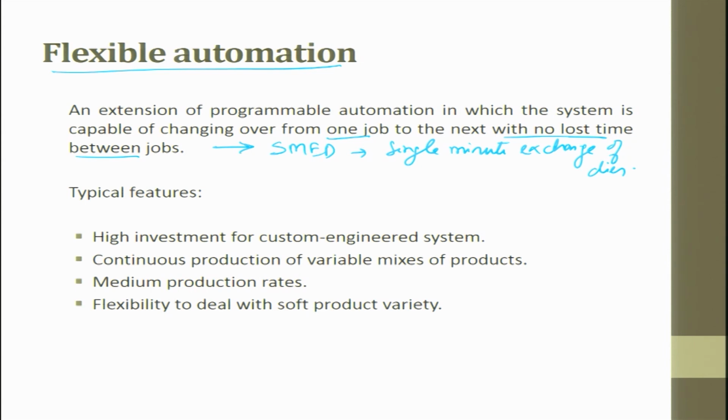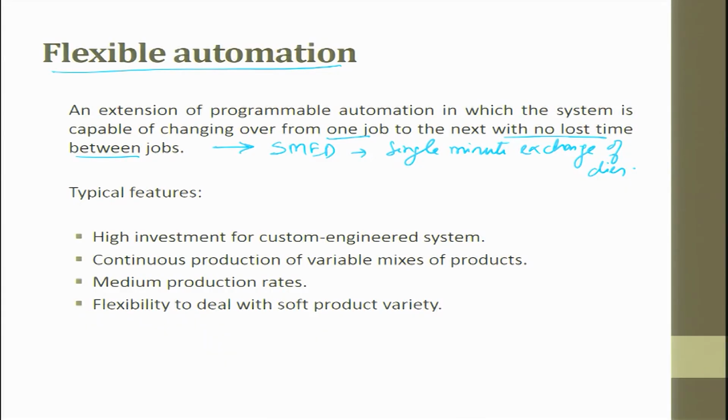If you want to set a punch and die assembly, put all the things, it might take several shifts. So, people have come out with a new concept: while the machine is running, outside you keep getting things ready, so the moment the production is over, you just swap and push that new die inside and start your production. So, that is an extension of programmable automation in which the system is capable of changing over from one job to the next without loss of time, which is flexible automation.